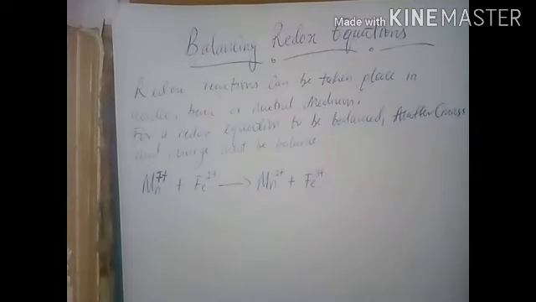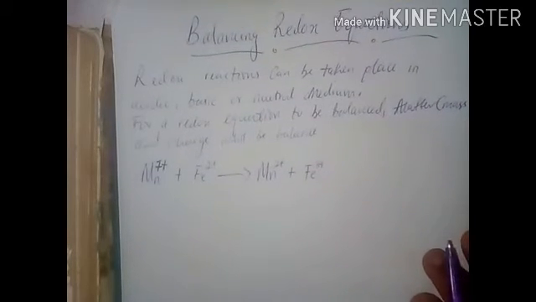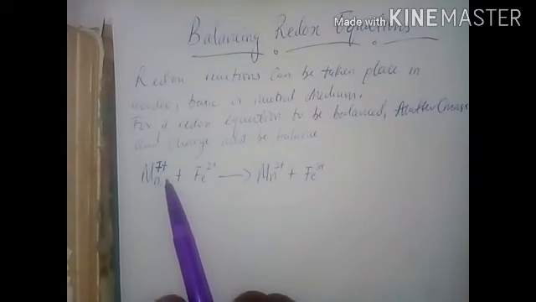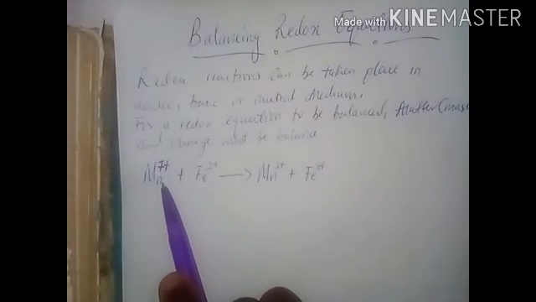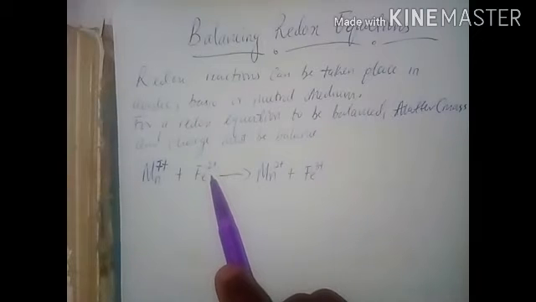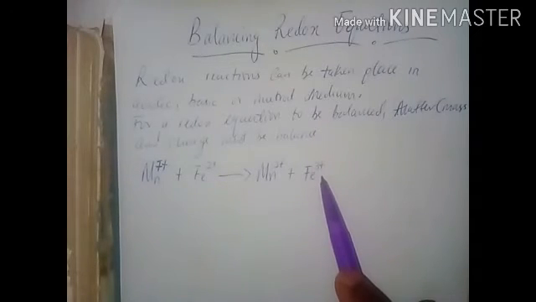When you look at this equation, we see that there is a species which is being oxidized in the process, and a species which is being reduced. Manganese is in the +7 oxidation state, moving to +2, which tells us that there is a reduction. Iron in the +2 oxidation state, moving to +3, shows us that iron is being oxidized.